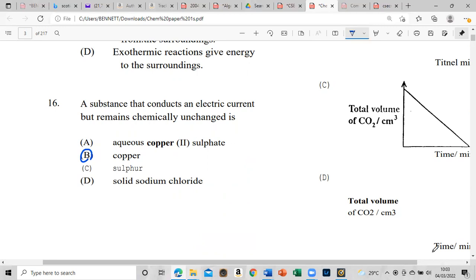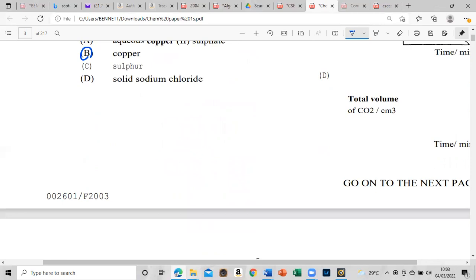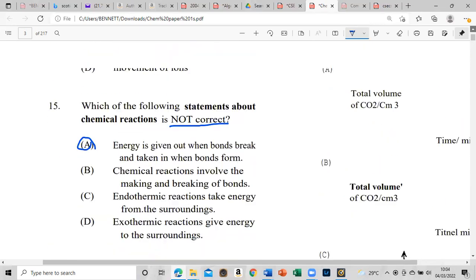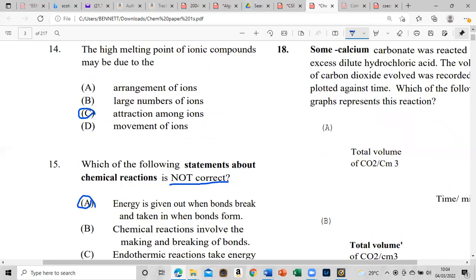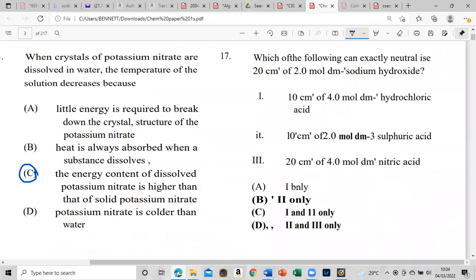Let's move on to 17. All right, so I'm just going over so you guys can see the options. Number 17: which of the following can exactly neutralize 20 cm³ of 2 mol/dm³ sodium hydroxide?